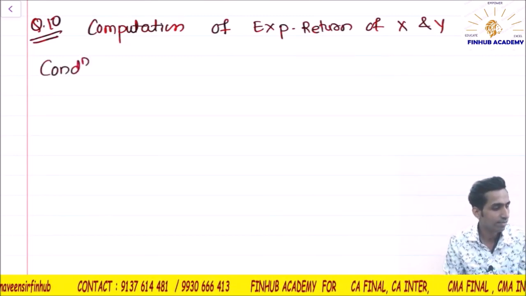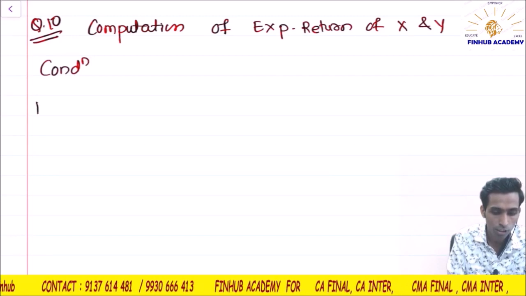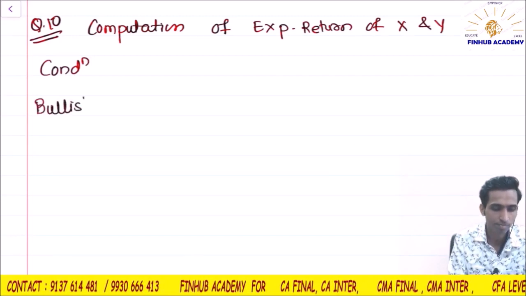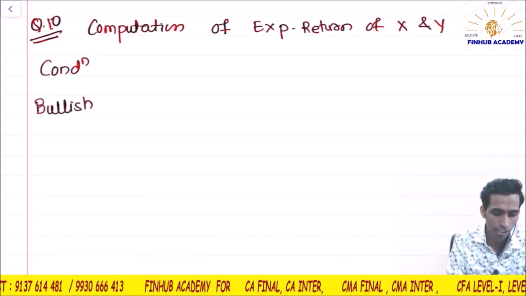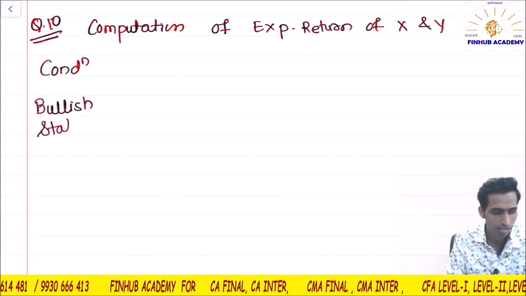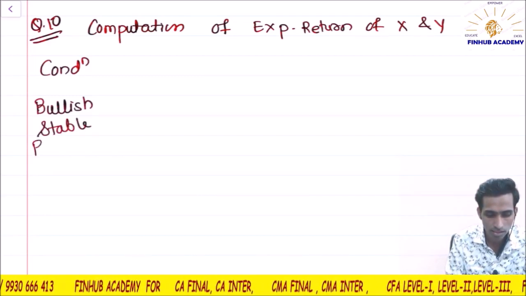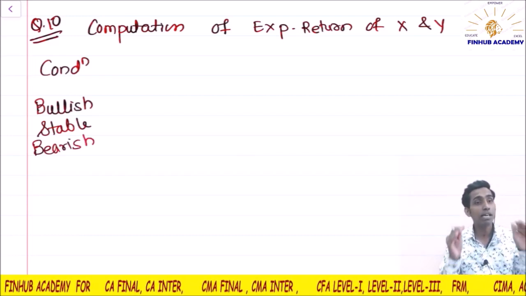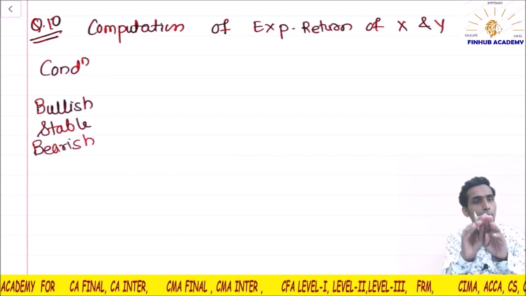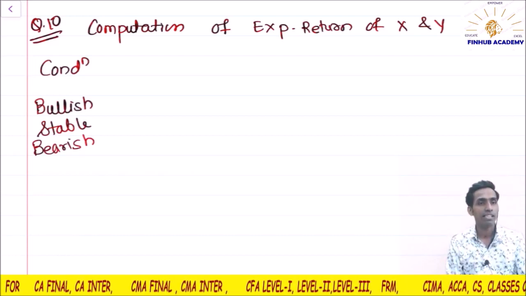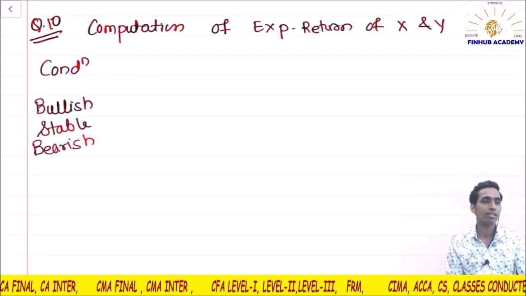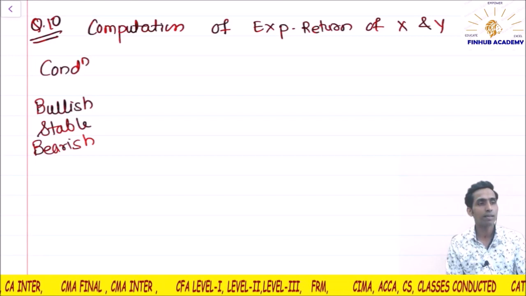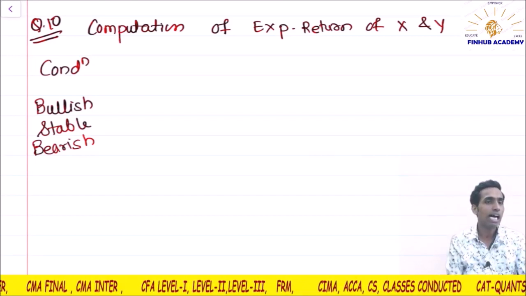Condition is given: bullish. Bullish means you are expecting the market to go up. Bearish means the market is going to go down.